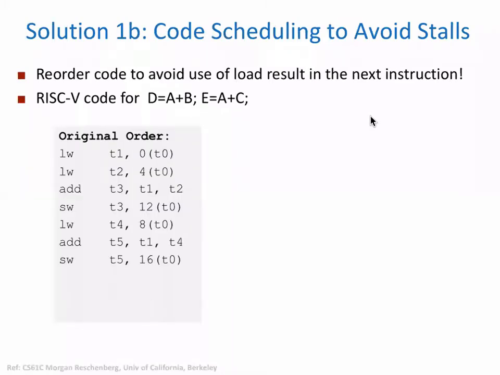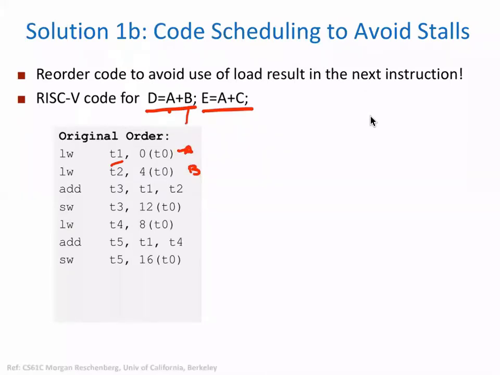Let's assume that there are two statements in C, and the RISC code for that looks something like this. Load the value of A in register T1, because A is stored in some memory location, and then load the value of B. This represents A, this represents B, which is 4 bytes away.